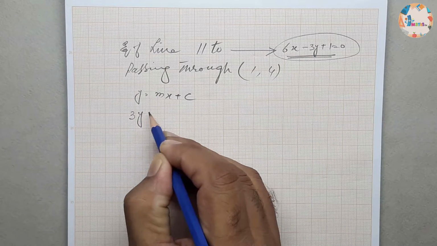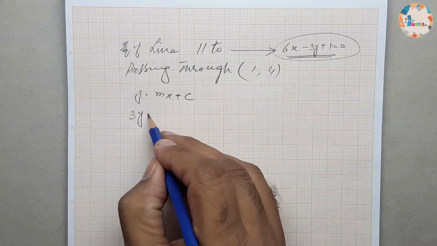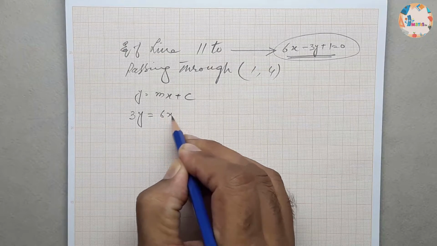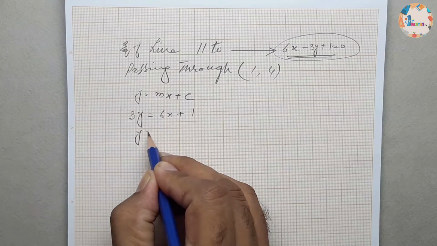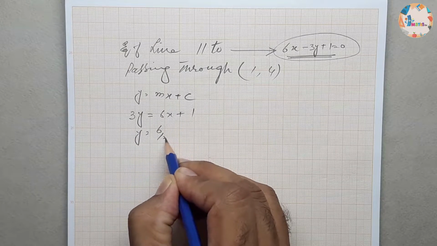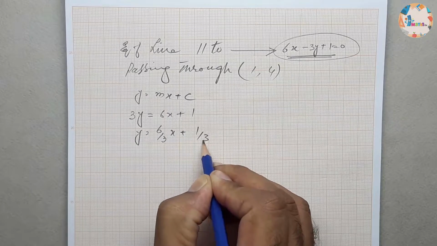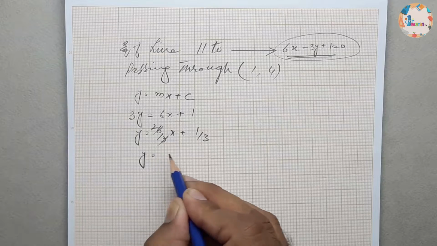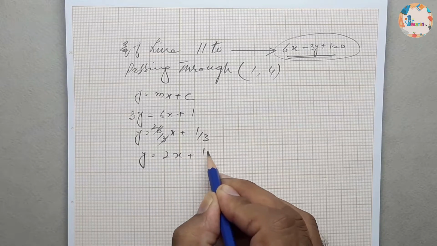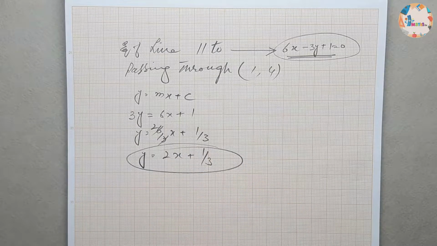So minus 3y will change to 3y, which will be equal to 6x plus 1. Now we can divide everything by 3. So we'll get y is equal to 6 over 3 x plus 1 over 3. 3 2s are 6. So our final equation will be y is equal to 2x plus 1 over 3.